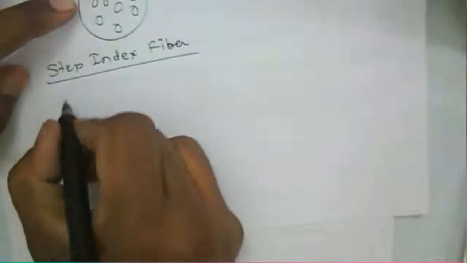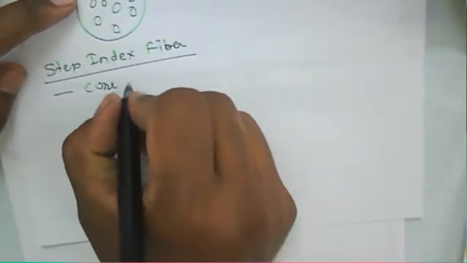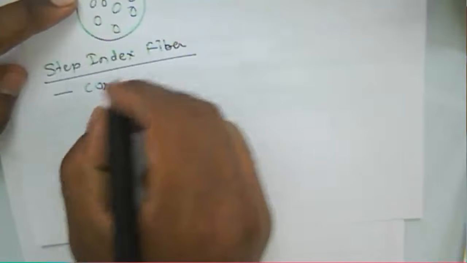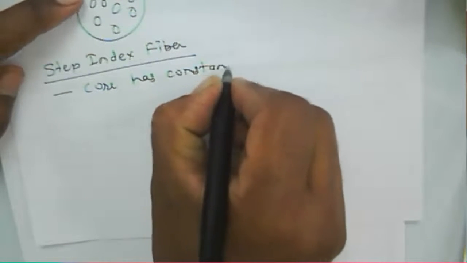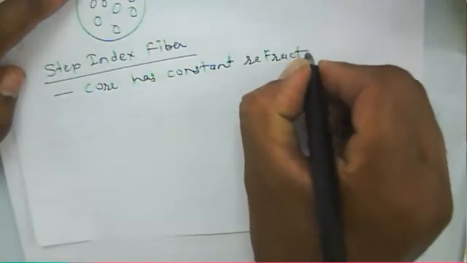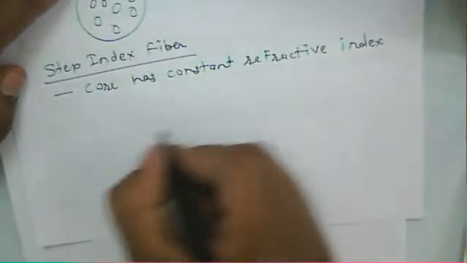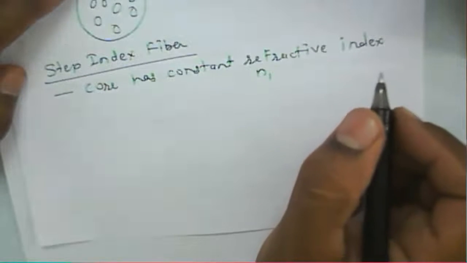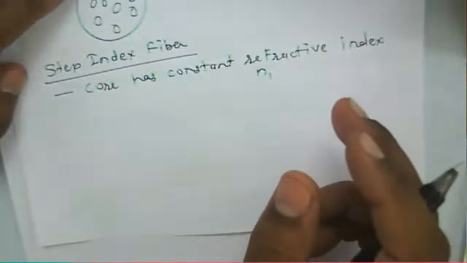For a given step index fiber, it has a core, and this core has a constant refractive index. What is the refractive index of the core? That is n1 now. Throughout the core, the refractive index is a constant.